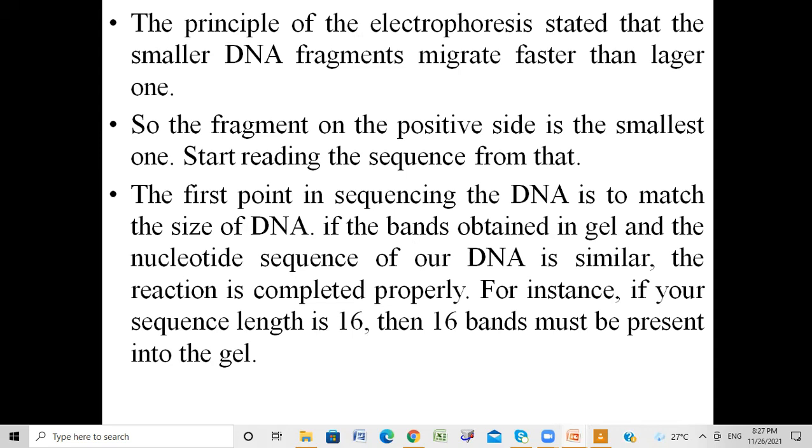Clear? The first point in sequencing the DNA is to match the size of the DNA. If the bands obtained in the gel and the nucleotide sequence of our DNA are similar, the reaction has been completed properly. For instance, if your sequence length is around 16, then 16 bands must be present in the gel. So you can cross check the number of base pairs in a DNA sequence.